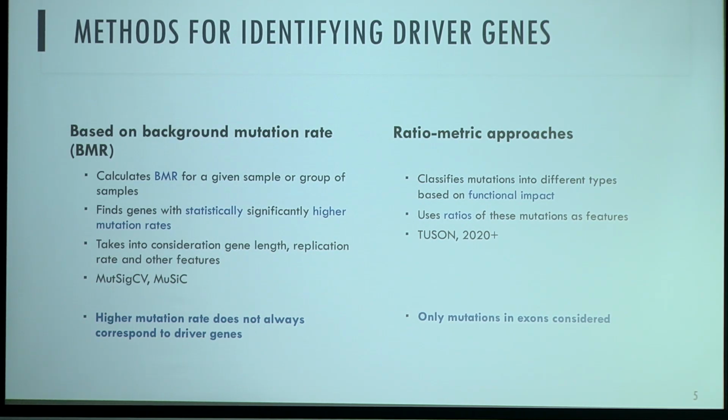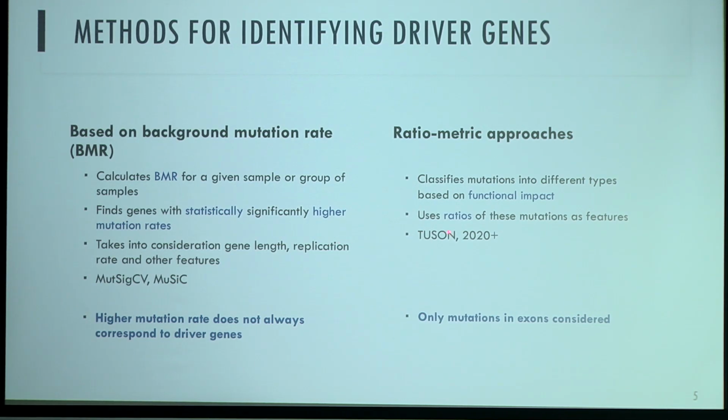The other set of methods essentially try to classify mutations into different types based on functional impact. It uses ratios of various kinds of features. So it's essentially a machine learning driven approach wherein you pick various features, and I'll talk about some of this tomorrow in grand challenges, where you can actually explain why these things work, does it make sense to use these as features and so on.